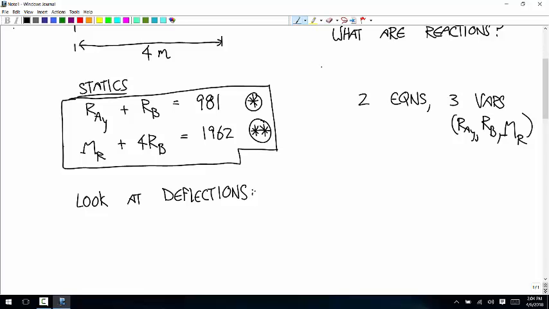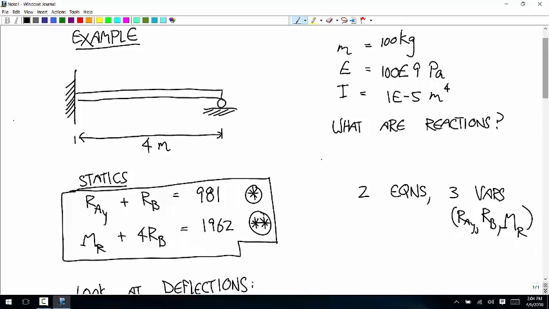Since there's a fixed joint on the left, we know that the deflection and V prime both have to be 0 when x is equal to 0. And the roller on the right, we know that just the deflection has to be 0, not V prime.